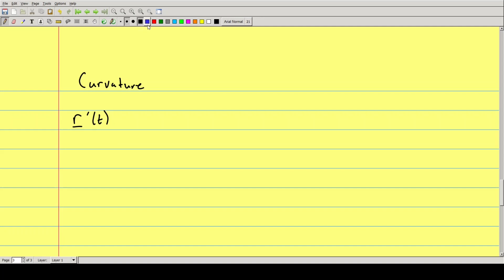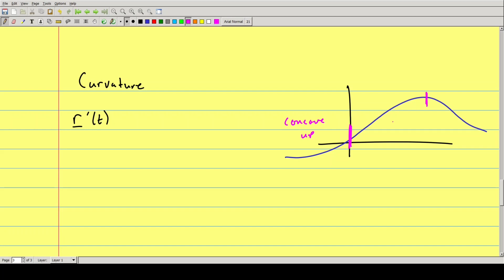If we were describing some function that looked like this, we would make some noises about maybe this being concave up and this being concave down, and then this also being concave down on this other side here.